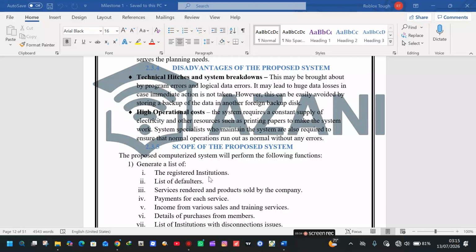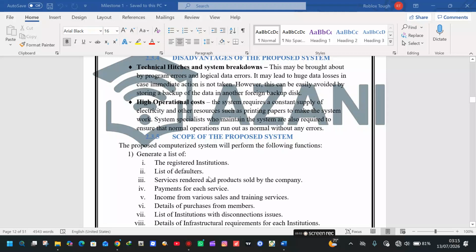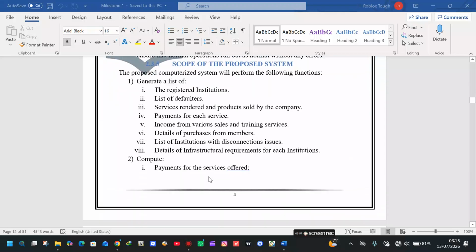So that is simple, that is backup and restore. Number two, that is high operational costs. The new system requires a constant supply of electricity and other resources such as printing papers to make the system work. System specialists who maintain the system are also required to ensure that normal operations run as normal without any errors.